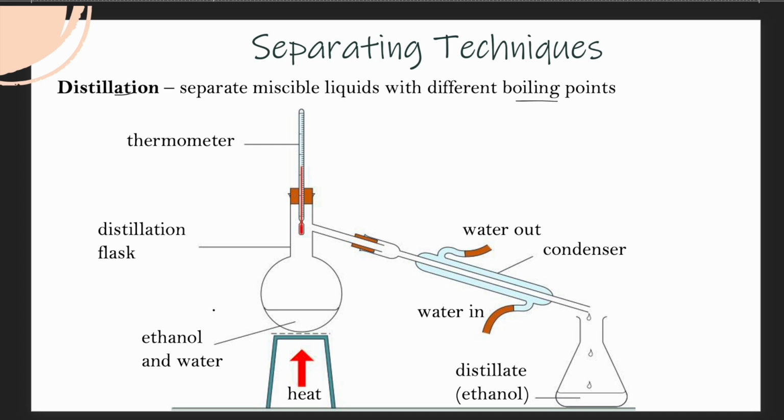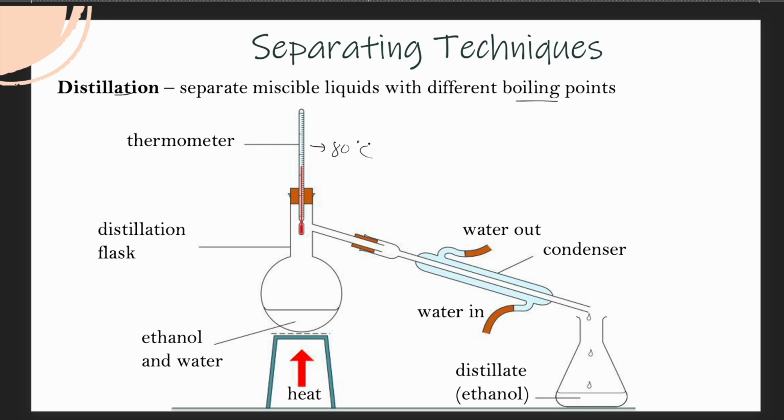Ethanol has a boiling point of around 78 degrees Celsius, and water is 100 degrees Celsius. So when you heat them up, you just need to make sure that the temperature reaches a maximum of 80 degrees Celsius, but nowhere near 100 degrees Celsius, because otherwise the water will evaporate and you can't separate them.